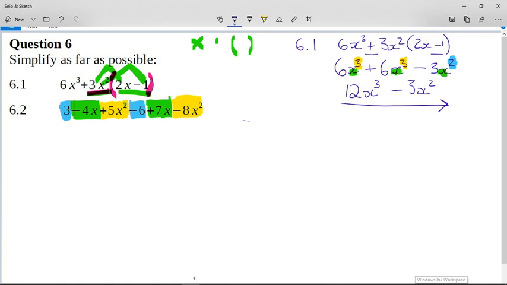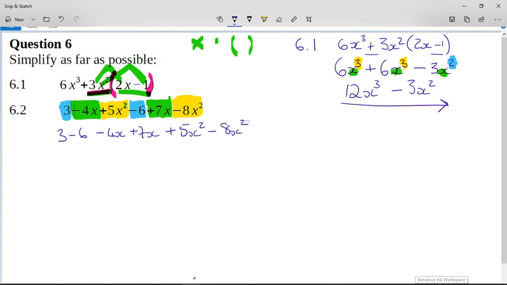And every time we pick up the sign, the variable, and the coefficient. So now I want to put the 3, and I must put with it the minus 6. Then I do my green ones, minus 4x plus 7x, picking up the sign, the coefficient, and the variable. And then I do the yellow ones, which are the x squareds, 5x squared subtract 8x squared.